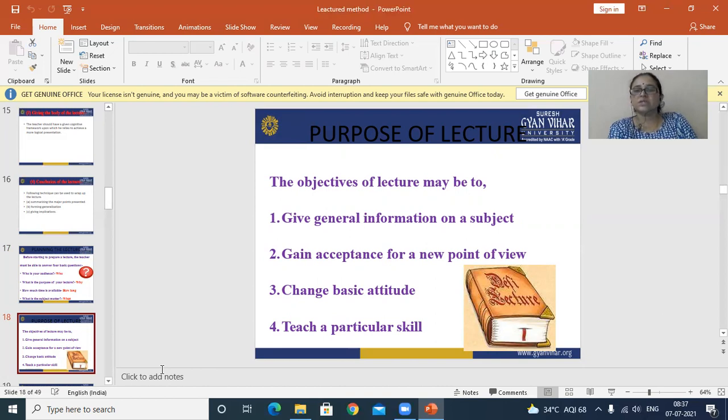So these are the purposes of using lecture method.